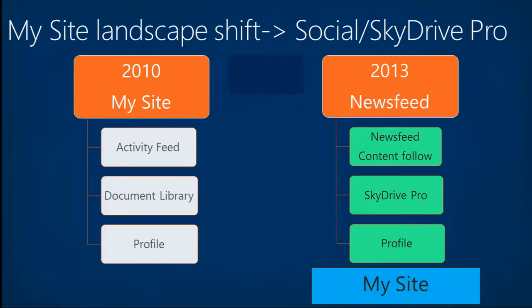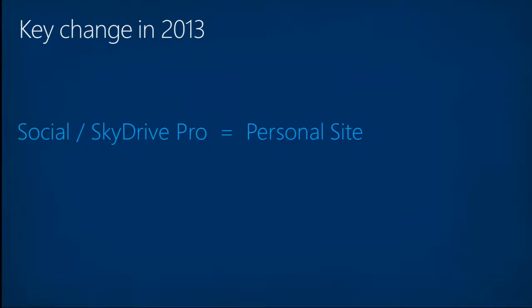I'd like to kick things off by stating one of the key changes that we made in this release, which is that if you need to enable social in your enterprise, you really need to plan for providing a personal site for every user. So it's a personal site collection. There are a lot of implications around that, because you need to plan your content databases.